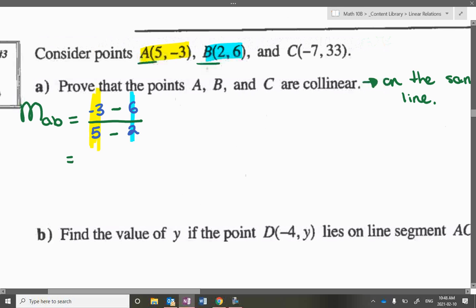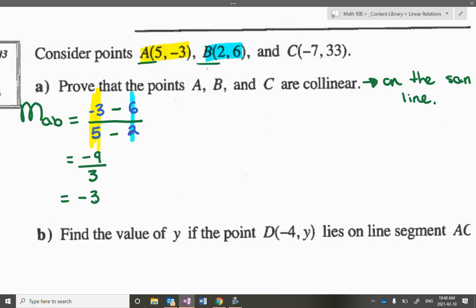-3 minus 6 gives us what? -9. 5 minus 2 gives us 3. -9 divided by 3 gives us a slope overall of -3. So if these 3 points are all in a straight line, we have the same slope.